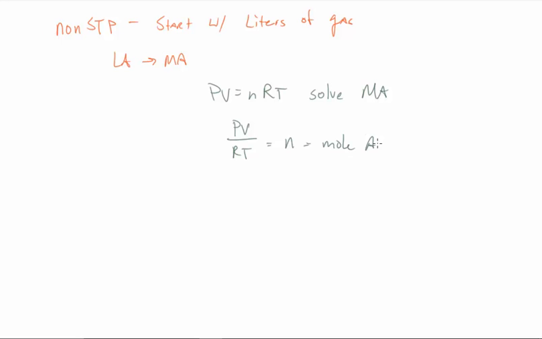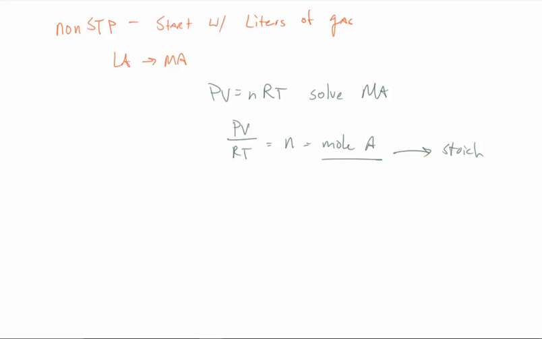Again, it's just a recognition. Hey, when do I need to use PIVNERT before I use stoichiometry? Because once I get to moles, this can just go regular stoichiometry at that point. And so again, the idea here, if I'm starting with the gas at non-STP, my very first conversion to moles, I have to use PIVNERT.